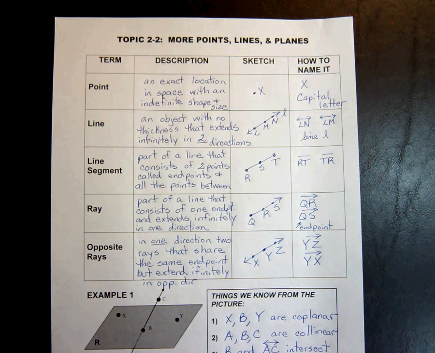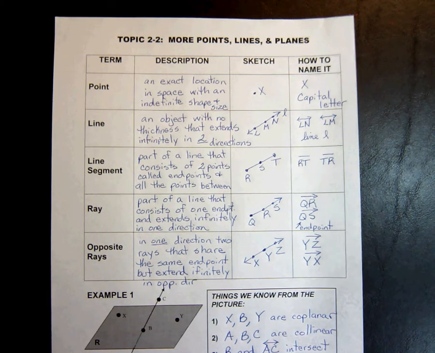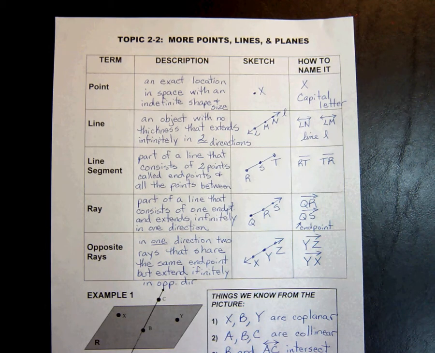If you wanted to look at something that would actually create a line that's not here, we could either go BX or BY, call it a line, so it's going to have 2 arrows, and say it is contained in R. You can actually even say it's contained in plane R. And that's topic 2.2.